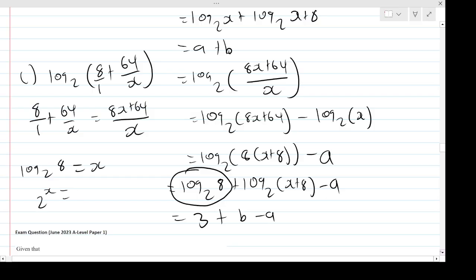Well, 8 is 2 cubed, hence x is 3. Hence we get 3 here. But honestly, in exam situations, probably better to put it in the calculator very quickly to get the answer 3. So there we are. Cool.